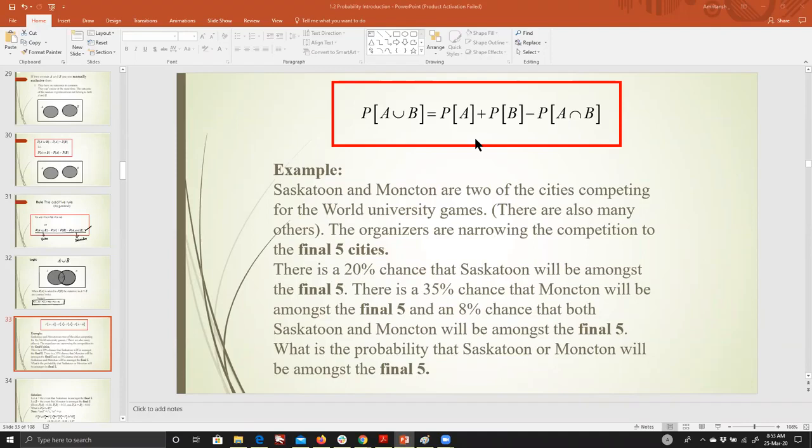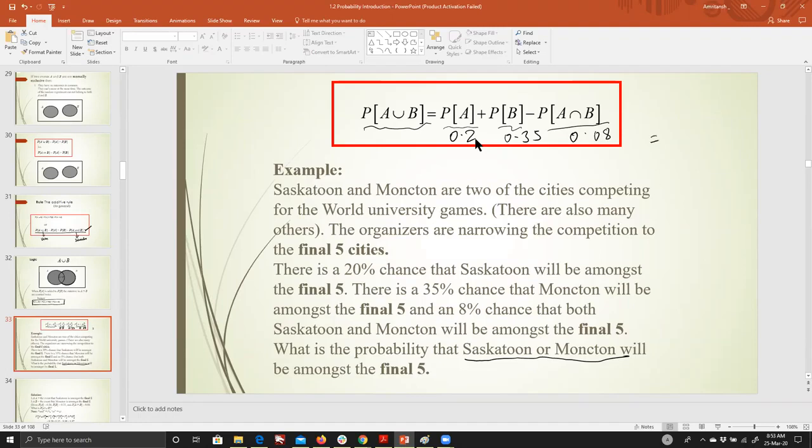So basically what we are trying to find is the probability of this, because it is written Saskatoon or Moncton. So basically the union of these. It's very simple maths. We just have to put the values correctly. So 20%, let's put 0.2, 0.35. And what is the intersection? 0.08. Very nice.